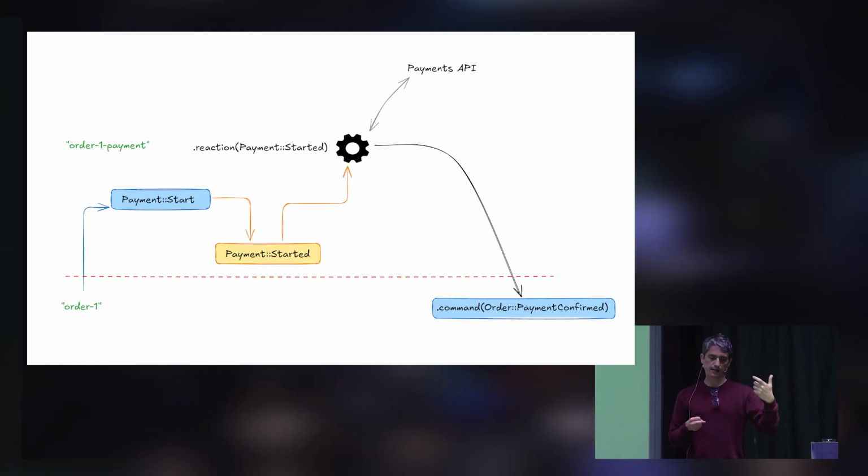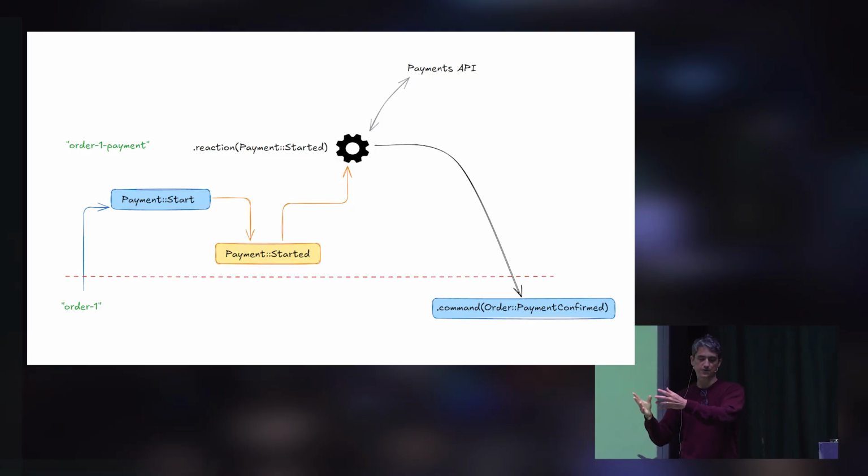They only take known data in the command attributes and the event attributes, and given the same data, they always do the same thing. Any side effects are relegated to the reactions, right? So you can think of those reactions as another type of user who's looking at changes in the domain, interacting with the outside world on behalf of the domain, and then notifying back to the domain by sending commands to it.